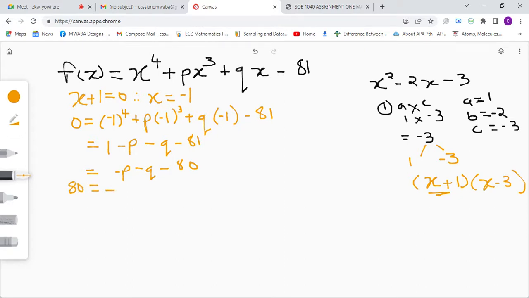Then we take 80 to the other side, and we're going to have negative p minus q equals 80. So this will be our equation 1.